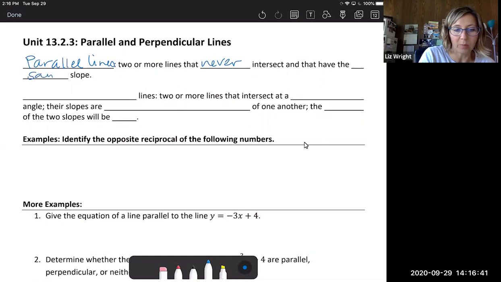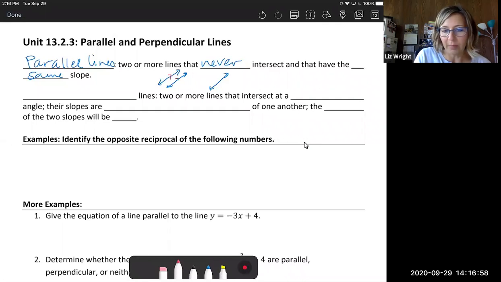So same slope. So that just means if we've got two lines and we have the same exact slope, they are never ever going to intersect. Even if we've got one like way over here, as long as it's got the same slope, they're not going to intersect. Oftentimes you see little arrow marks put on those lines to indicate that those lines are parallel.